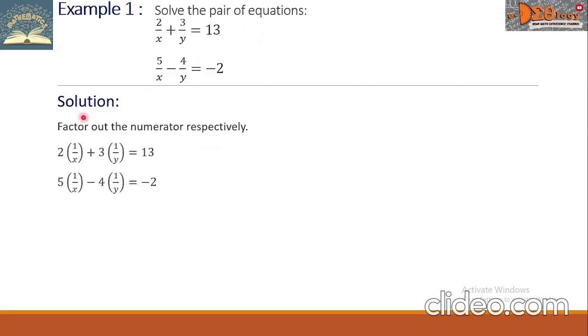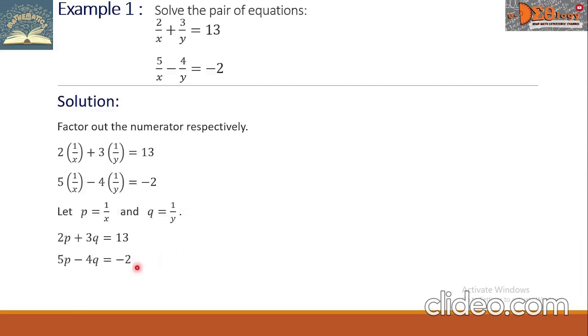In the first equation, we have 2 times 1 over x plus 3 times 1 over y. Second equation, 5 times 1 over x minus 4 times 1 over y. Then we let p equals 1 over x and q equals 1 over y.